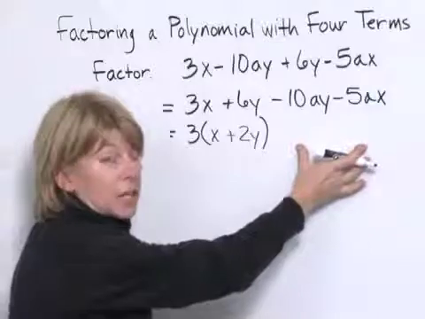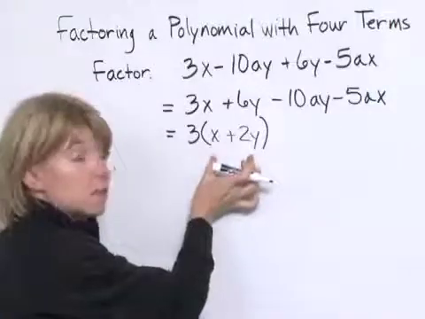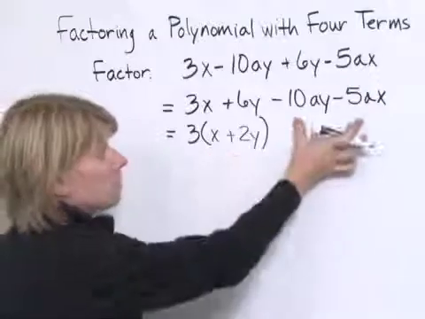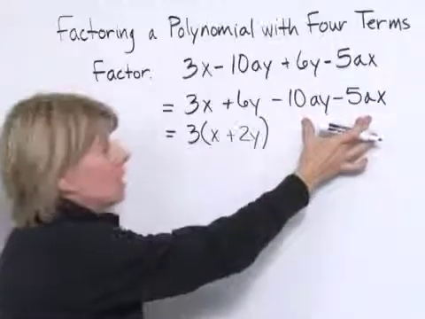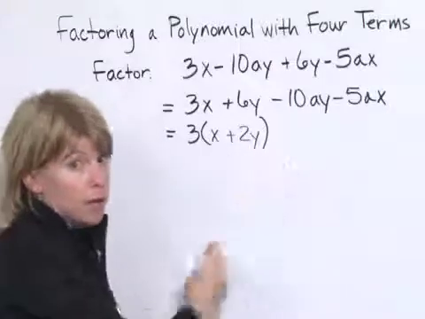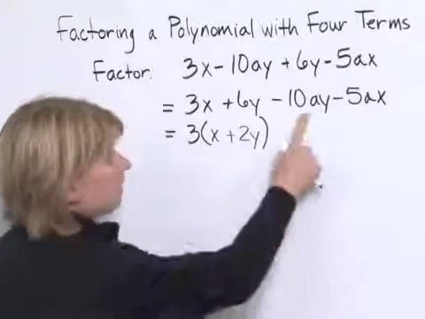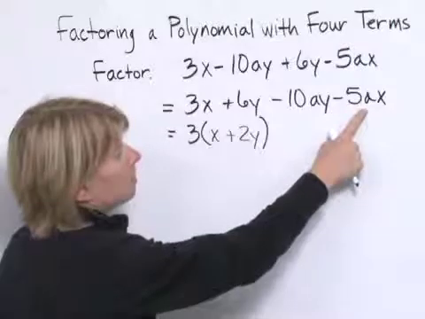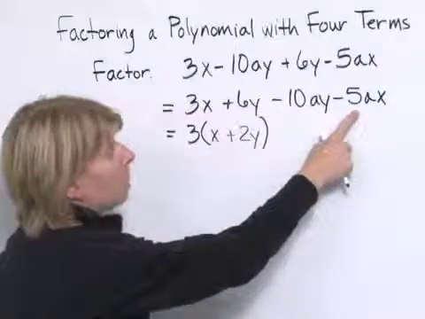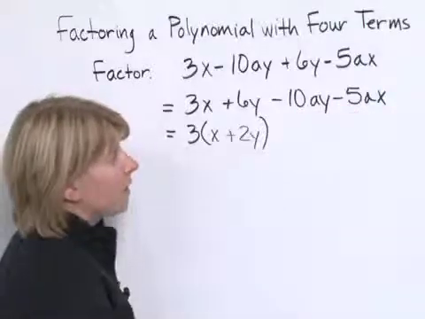Now when I go to factor the second 2 terms, I'm trying to get the same binomial as I have here. Since both terms are negative, in order to have both terms be positive inside parentheses, I'm going to want to factor out a negative. And let's look for that common negative factor here. If we look at the number parts, we see the common factor is 5.